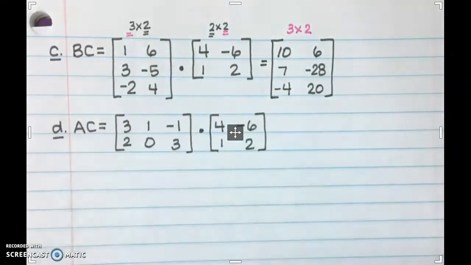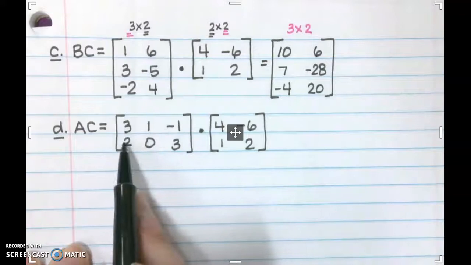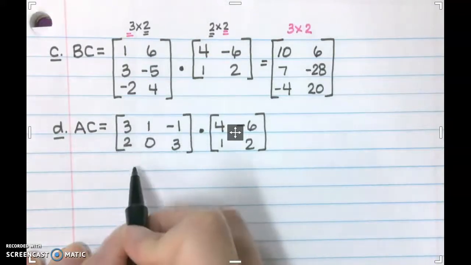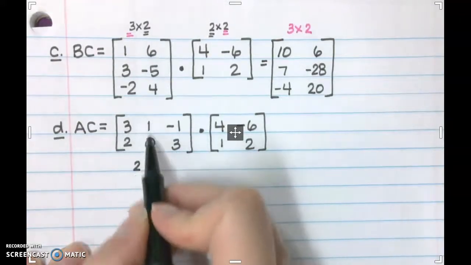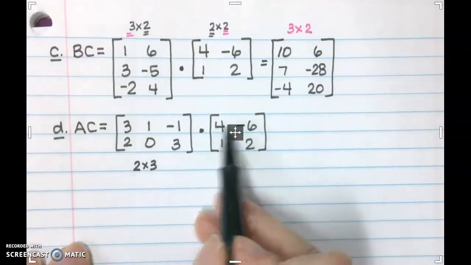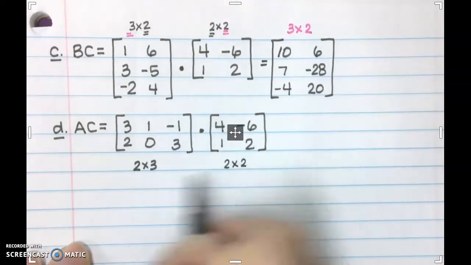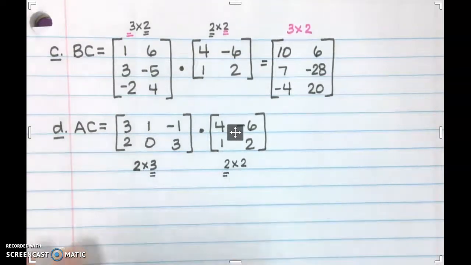Last one I want to look at here then is if we multiply A and C. So again, I'm going to check my dimensions. A is 2 rows by 3 columns, and C is 2 rows by 2 columns. Notice that these inside 2 dimensions do not match.